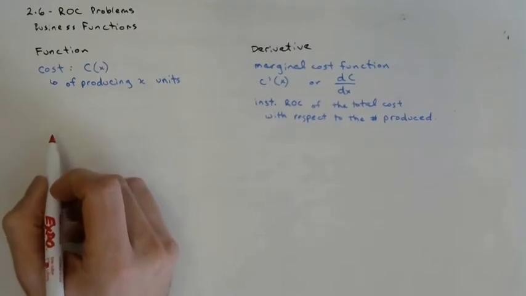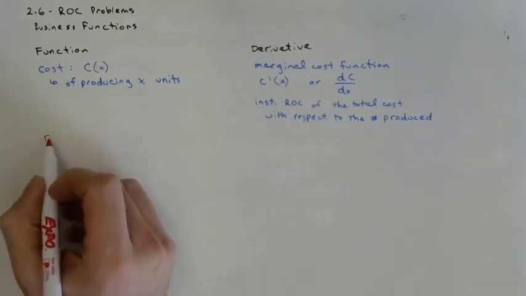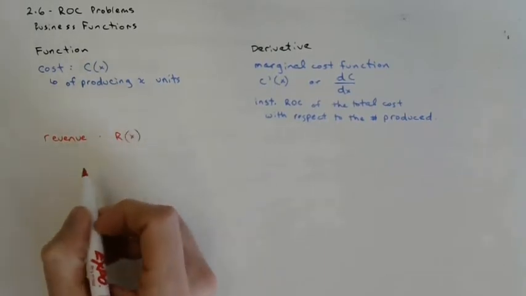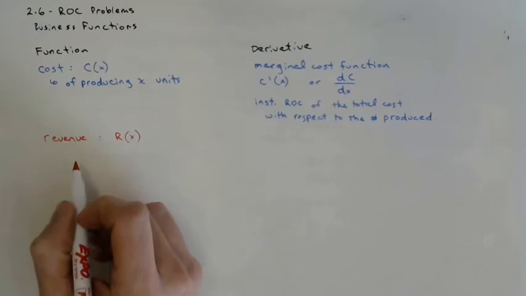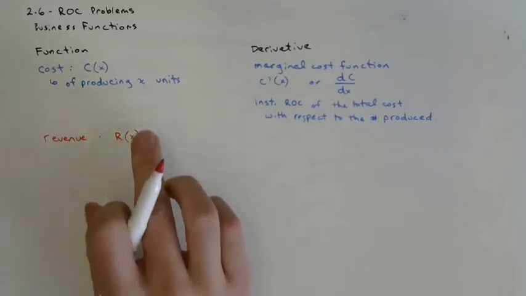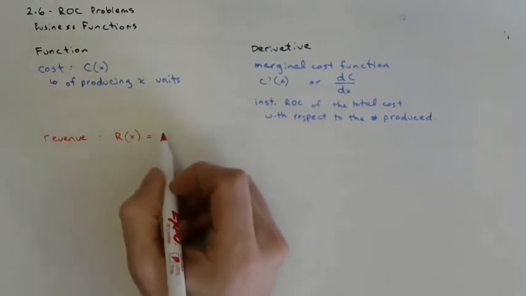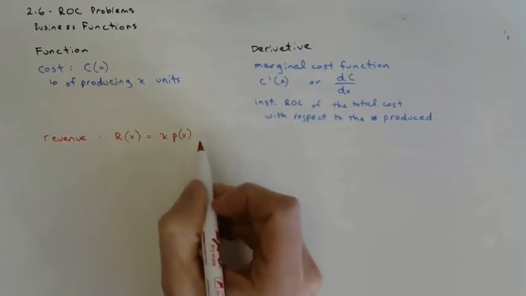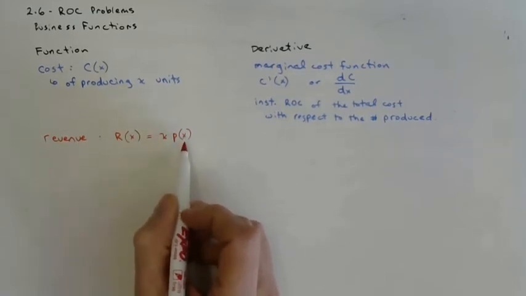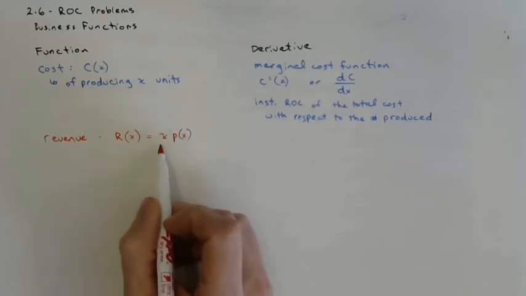Okay, good. The next function that you are familiar with is going to be the revenue function, which is capital R with respect to X. X is the number of units sold at a price, R of X equals X times P of X. So X is the number of units sold and P is the price with respect to X. In this case, the price is another function that could change based on the number of X's produced.